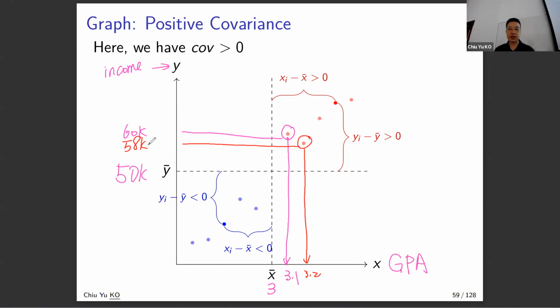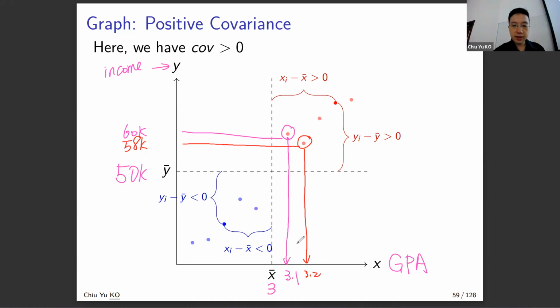And how do we quantify this? It is to compare each observation to its mean in two dimensions, and then see whether they are above the mean together, okay? So let's see it. First, look at the first data point, the pink one, all right?